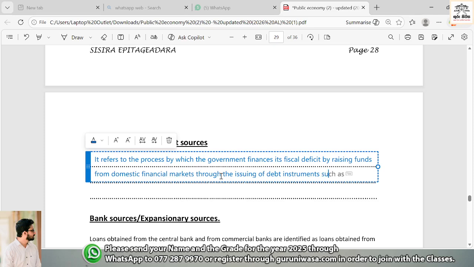Debt instruments such as treasury bills, treasury bonds, and other government securities.